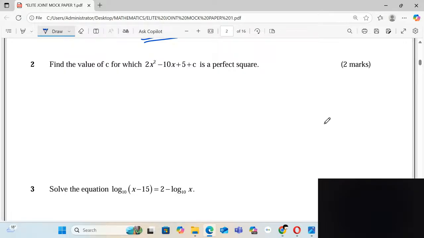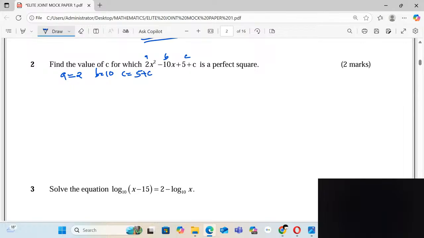Now, in this equation, you can see the value of a here, this is a, then we have b, then c. So our a is equal to 2, our b is equal to 10, and our c is equal to 5 plus c.